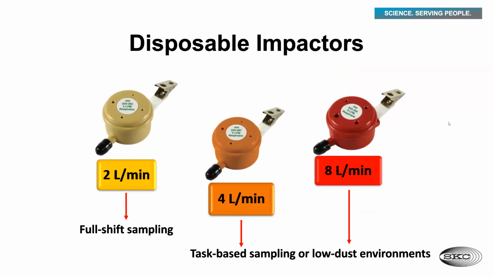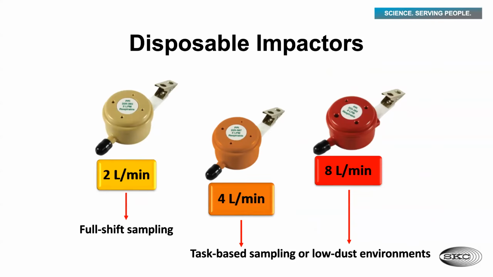So as far as the PPIs that we're talking about today, they come in several different flow rates. Now, if you've done any chemical sampling or particulate sampling without a cyclone, and you're trying to get as much dust or as much volume through the tube or cassette as possible, all you're doing is increasing the flow rate to increase the volume through that.